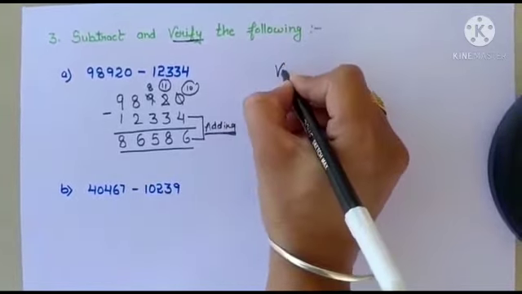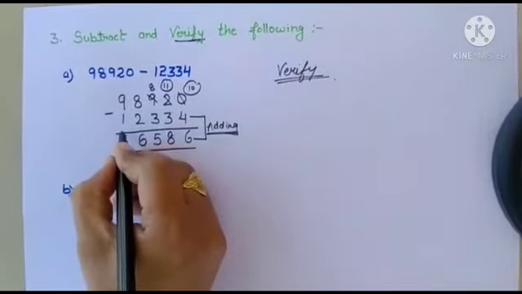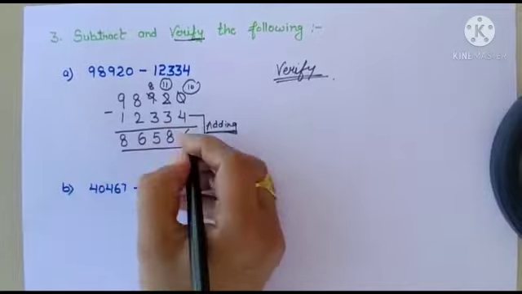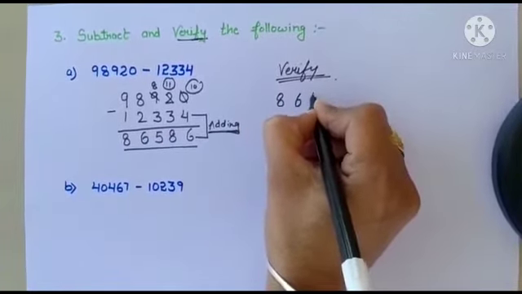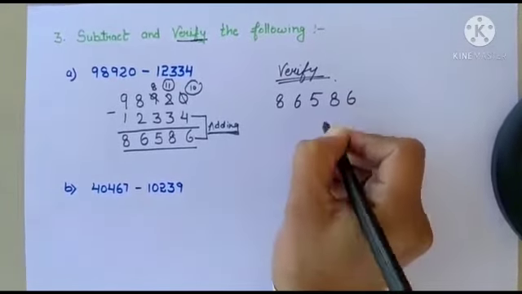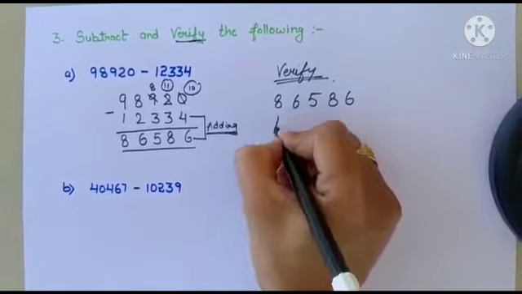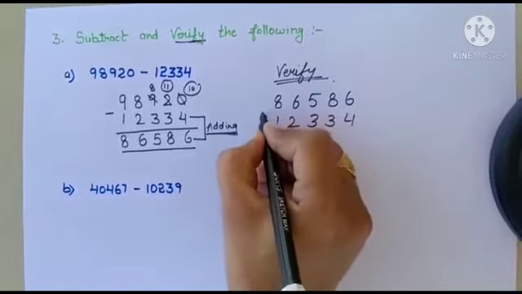For verifying, first we will write this number because it is greater. 86,586. Next is 12,334.